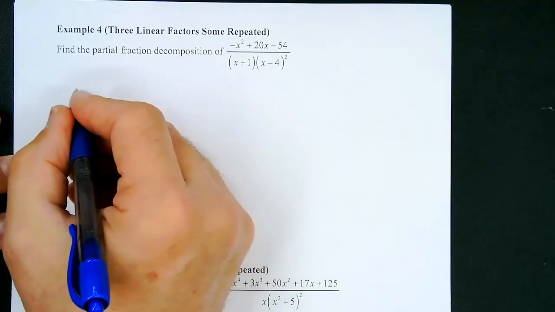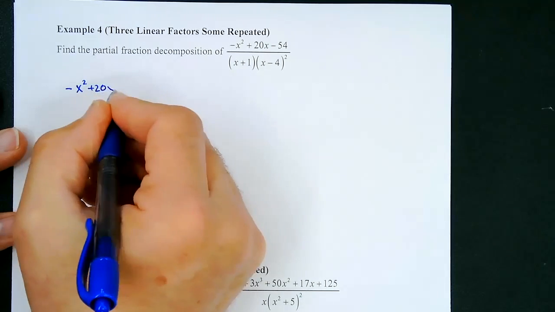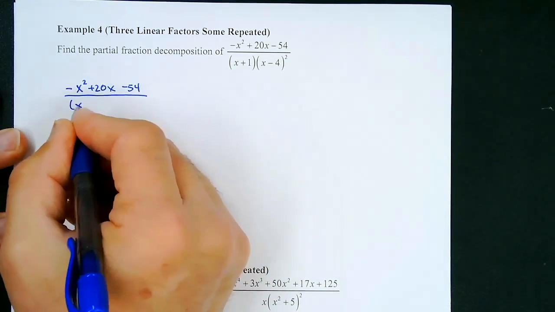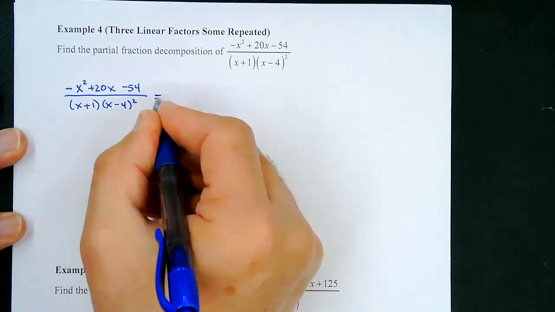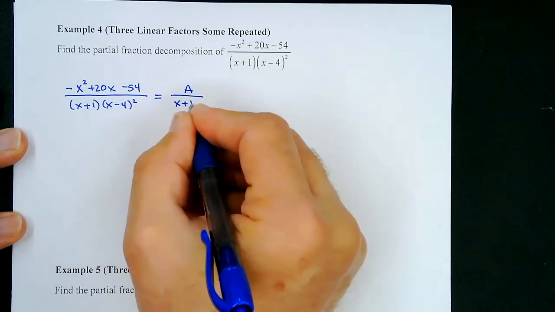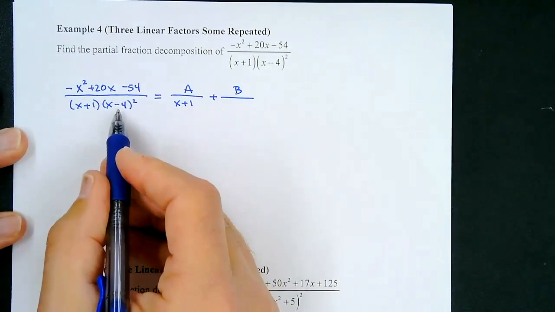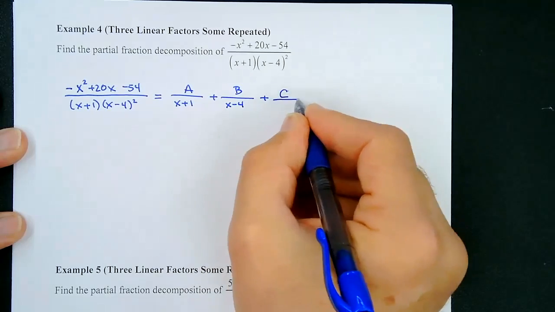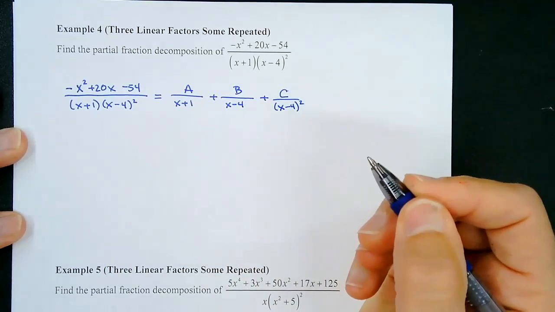So this one we would set up: -x squared plus 20x minus 54 over (x plus 1) times (x minus 4) squared is equal to A over this single factor of x plus 1, and then plus B over x minus 4, and then plus C over (x minus 4) squared.